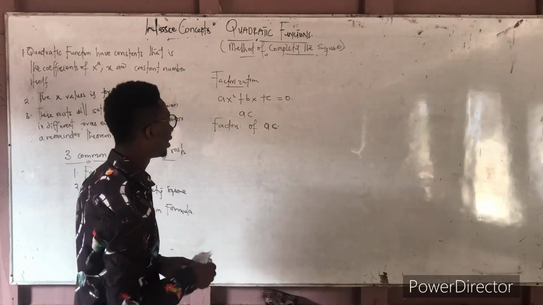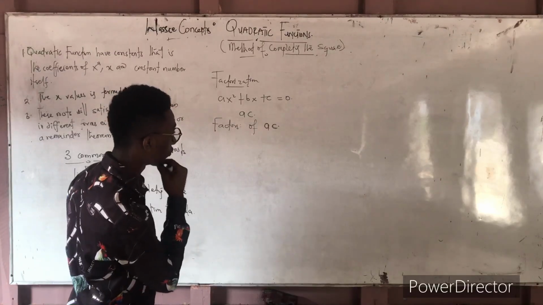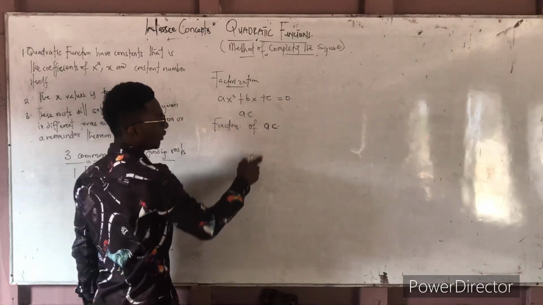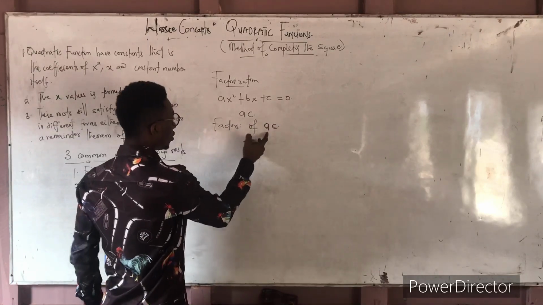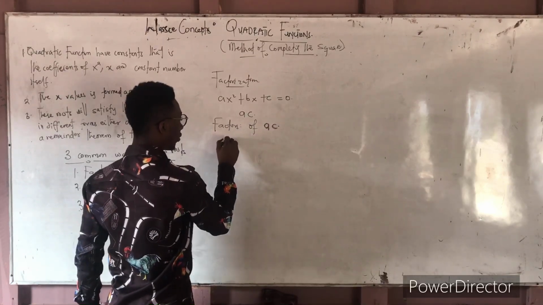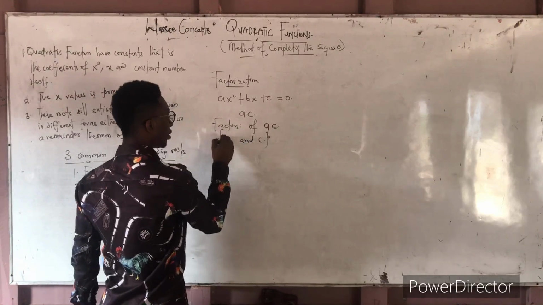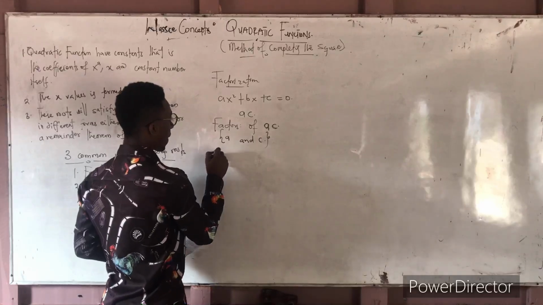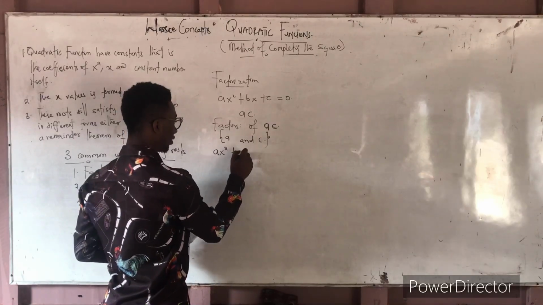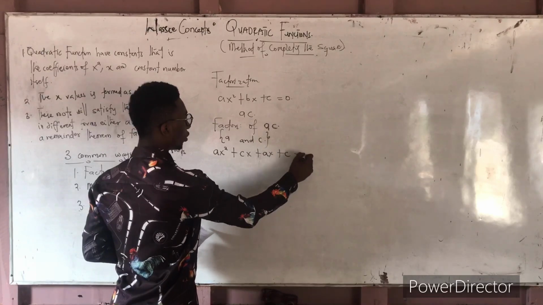When you find the factors of ac, let's say the factors are m and n. Then we can say ax squared plus mx plus nx plus c is equal to 0.